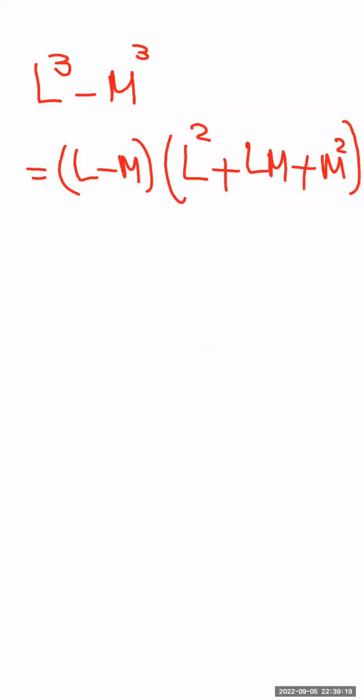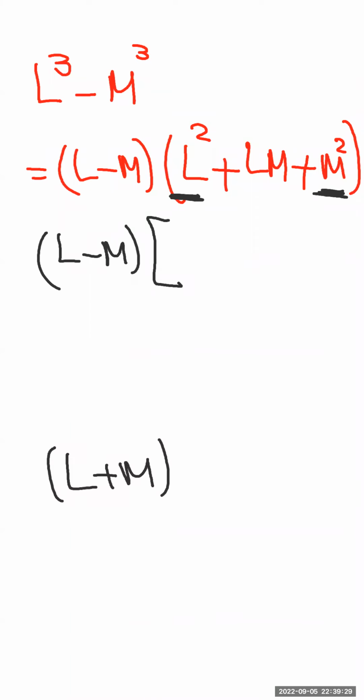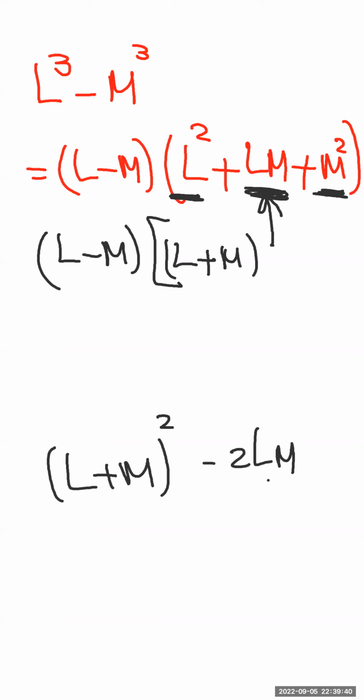Exactly the same. Now, it will equal L minus M times L squared plus M squared, which equals what? L plus M all to the power 2 minus 2LM plus LM. So it will be L plus M to the power 2 minus LM. That's it.